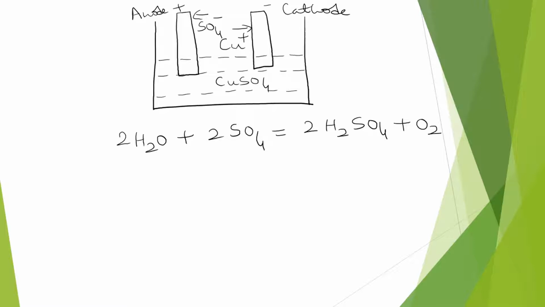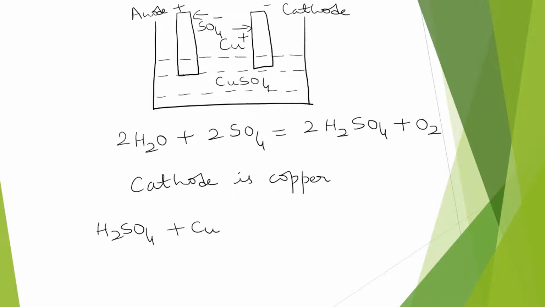Suppose the material used for the electrode is copper, then the sulfuric acid will react with it, forming copper sulfate and liberating hydrogen.